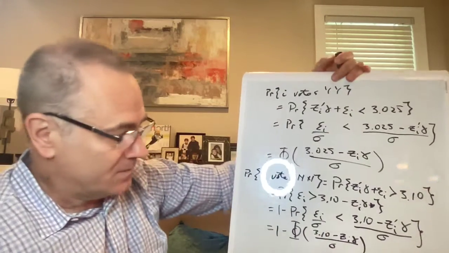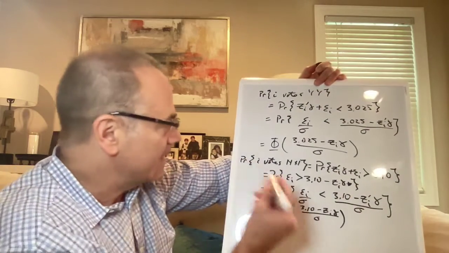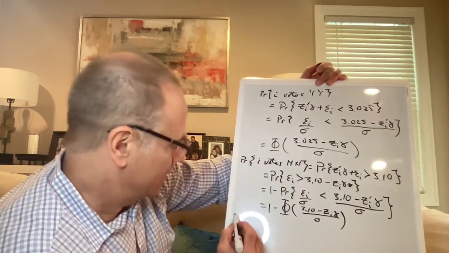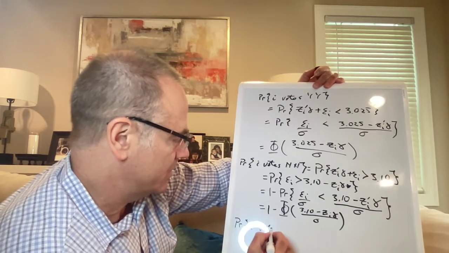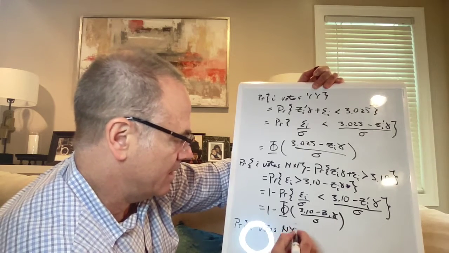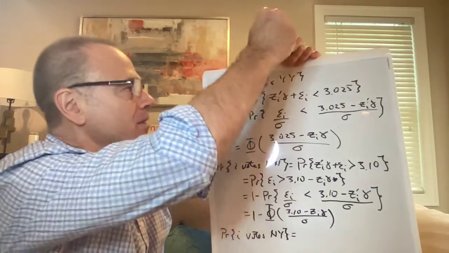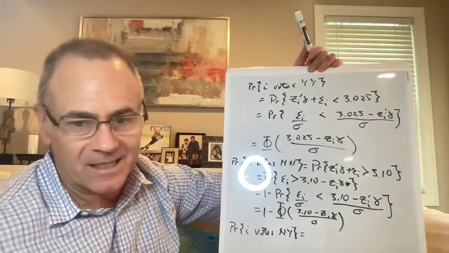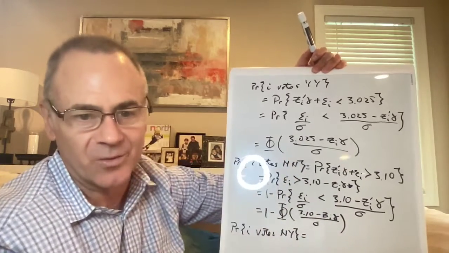Now, the last thing to do is the probability I votes nay, yay. Our theory says with probability 1, you're going to vote one of those three ways.